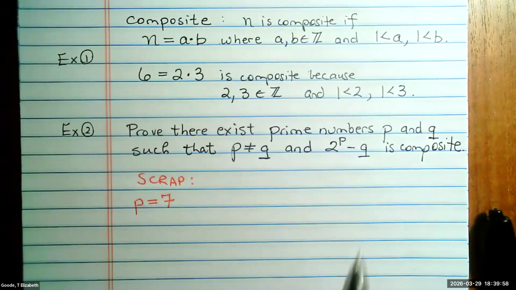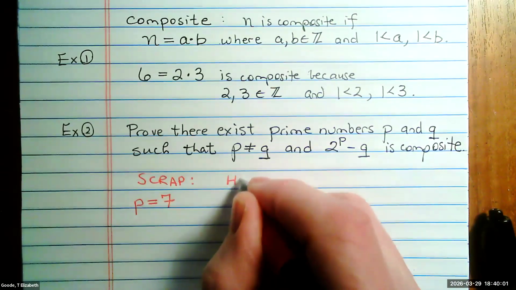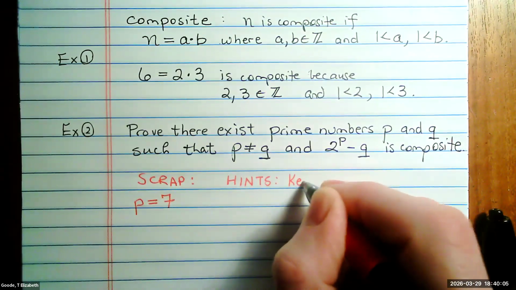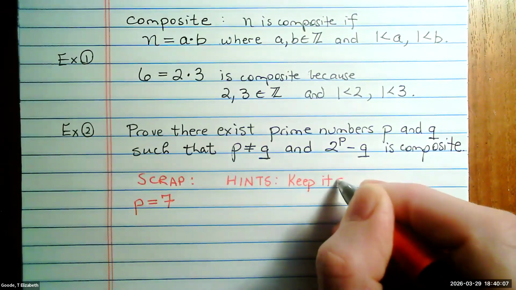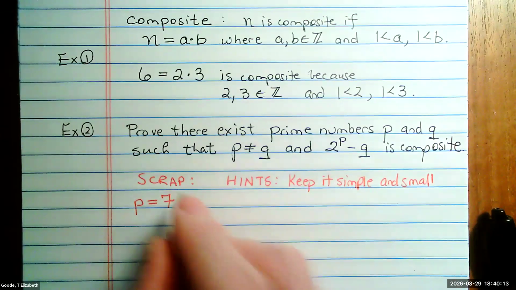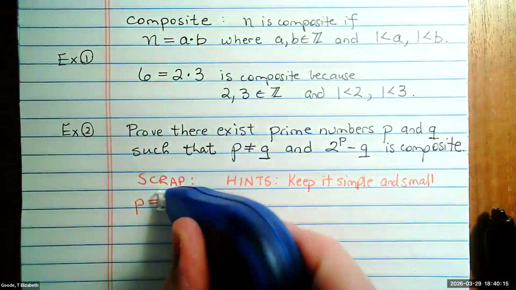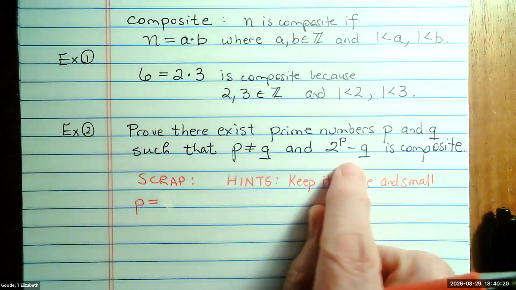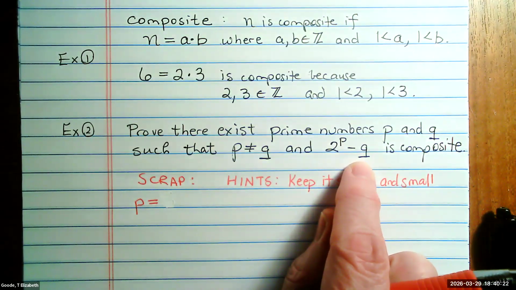There are a couple of hints that I tried to give you when we first started looking at proof by example. Keep it simple, keep it small. We can try 2. We could try 3, but I don't recommend jumping to 7, and 8 isn't a prime.